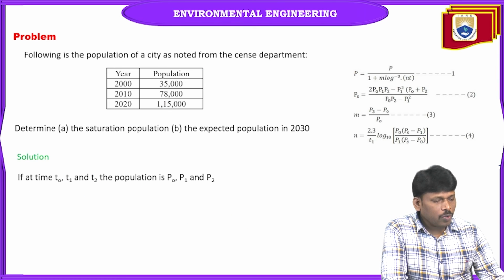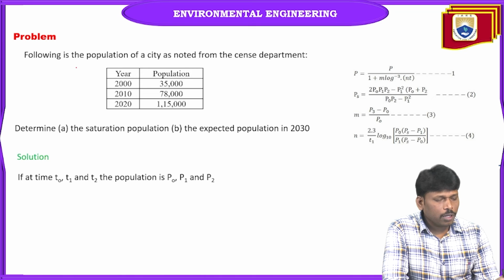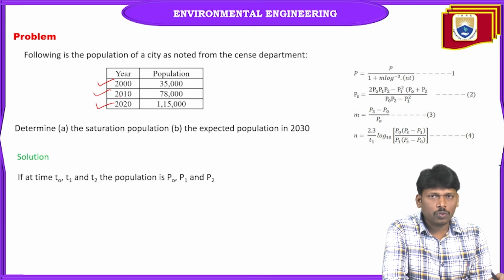Now we'll consider a problem. The data is given for 2010 and 2020. The population is 35,000 in 2000, 78,000 in 2010, and in 2020 the population is 1,15,000.